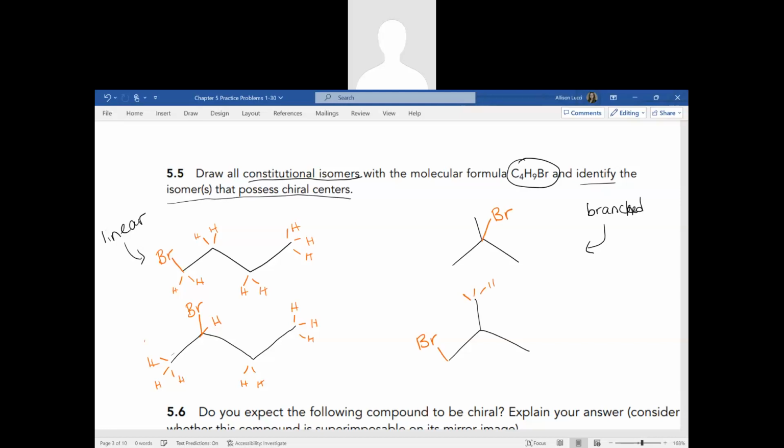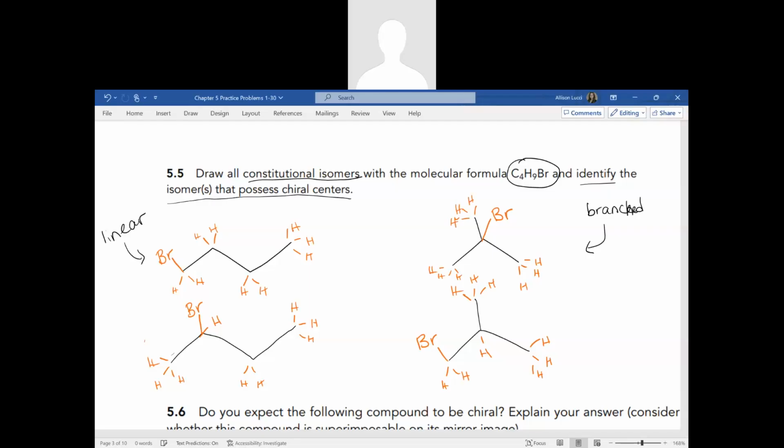We'll fill in all of our hydrogens here, because if we do this, it might make it a little easier for us to see if we have a chiral center. And then we have 3, 6, 7, 8, and then our 9th would be on this central carbon there. All right, and then we have 3 on each. So we have 3, 6, and then 9 hydrogens with this last one up here.